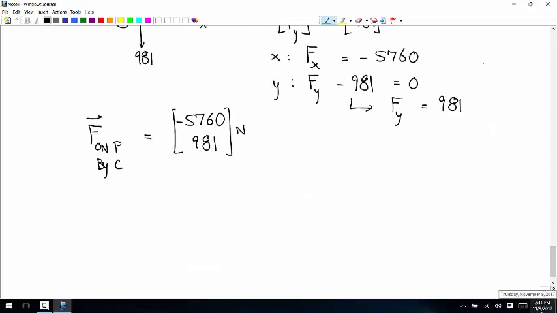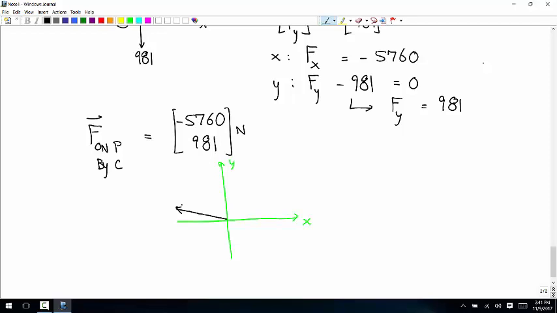So what does that force vector look like? If you draw the coordinate system, you can just plot that as a point, and that'll give you the head of the vector. So it'll be in the negative x direction, and a little bit in the positive y direction. So maybe like this. That's the direction of the force vector applied to the pilot.